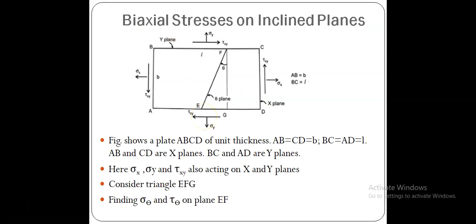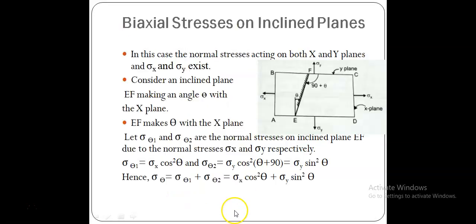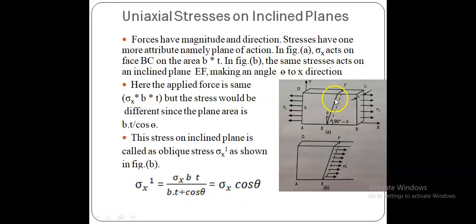Next, biaxial stresses on inclined planes. The difference between the previous case and this one is that previously only normal stresses were acting on two planes, whereas here, in addition, shear stresses are also acting. To summarize, in the first case only one plane stress, sigma x, was acting, and we found sigma theta and tau theta on the oblique plane EF.